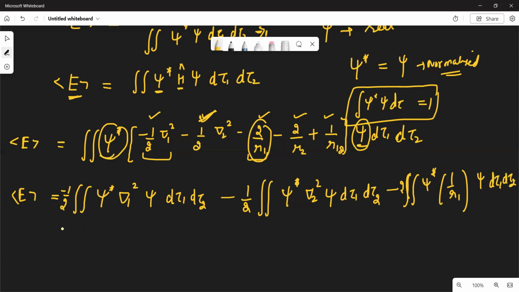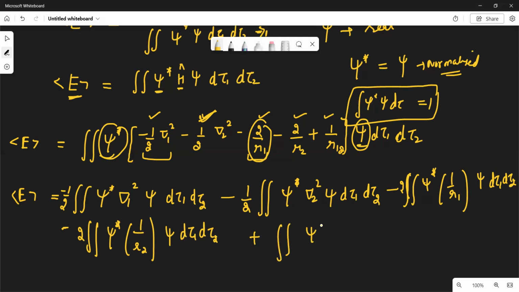Again we will write for the fourth expression, double integration 2 psi star 1 by R2 psi d tau 1 d tau 2. Last term is left. Psi star 1 by r12 psi d tau 1 d tau 2.